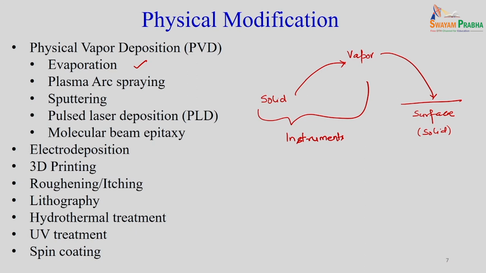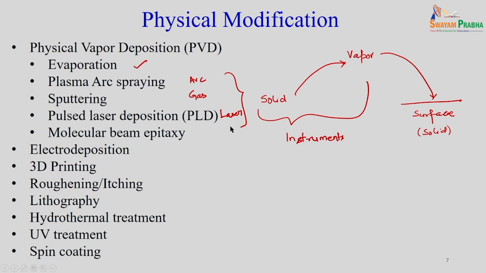Now, plasma can be generated by an arc, by a gas molecule, particularly an inert gas, or by a laser.